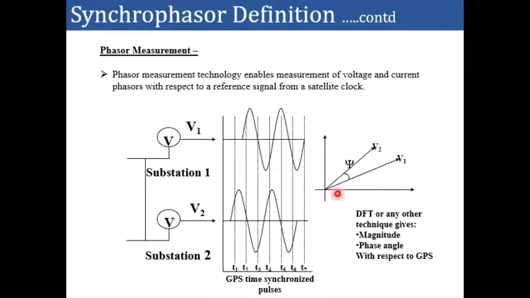Based on that, if we draw a phasor value, we may say V1 is like this and V2 is this, and then the relative angle difference can be found with the help of the phasor values calculated from these two sinusoids. Now how will we do this? We will utilize the discrete Fourier transform for finding the phasor value, which gives us magnitude as well as phase angle with respect to the GPS time synchronized pulse, as shown in the figure.